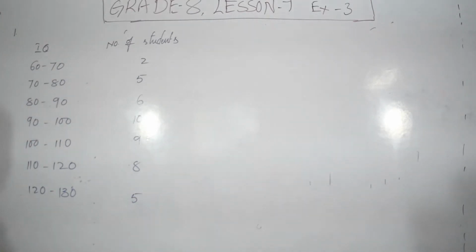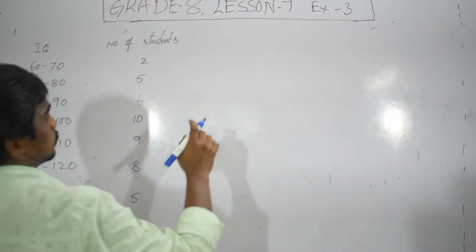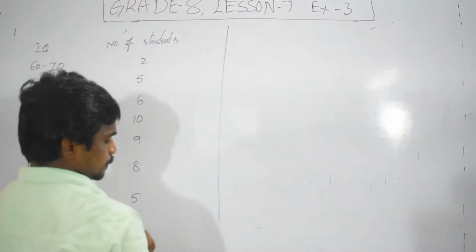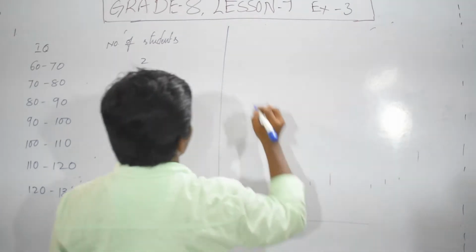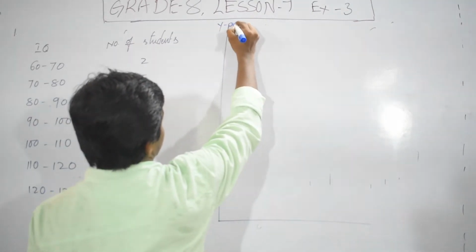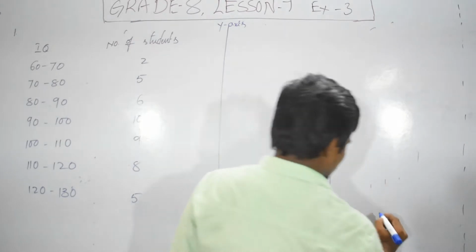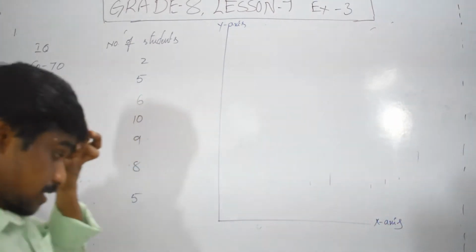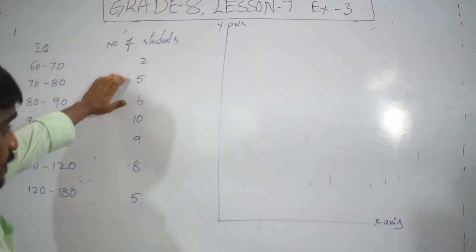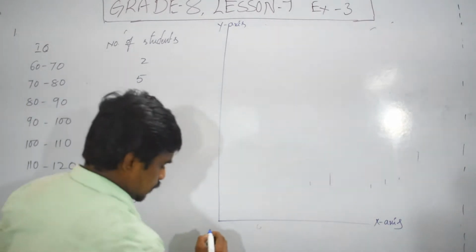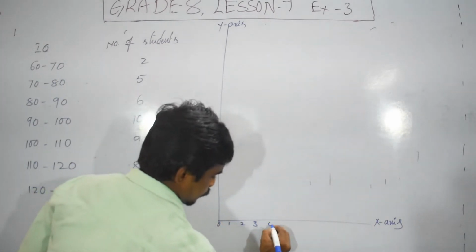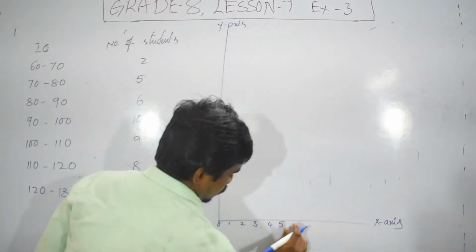So we are using the bar graph. See, this is the y-axis, this is the x-axis.